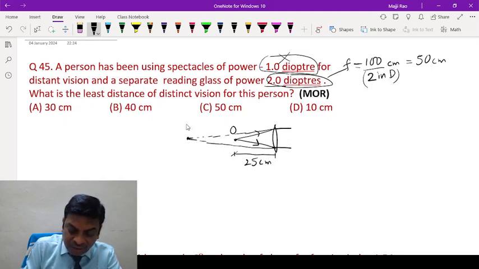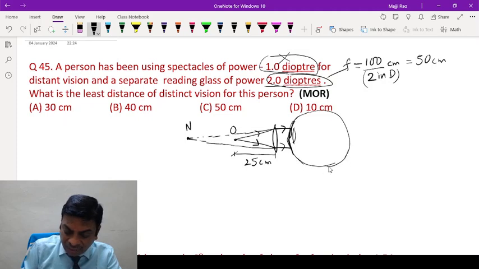This must be the near point. So that before entering the observer's eyes, it should appear to come from N, and obviously he'll be able to see. So this is the eyeball, and this is the retina. This is the eye lens, and image will be formed exactly at the retina.